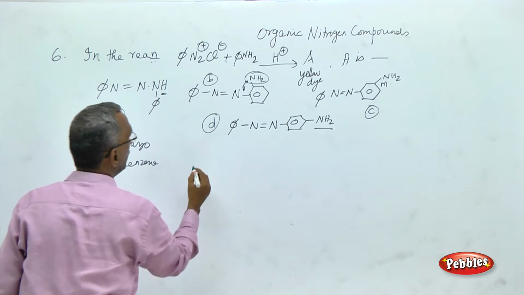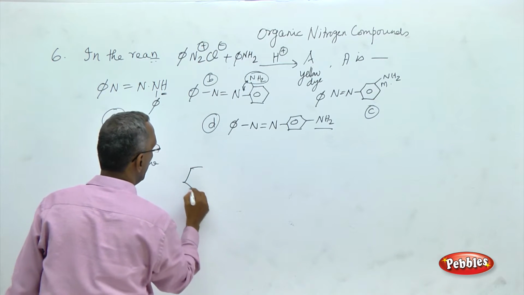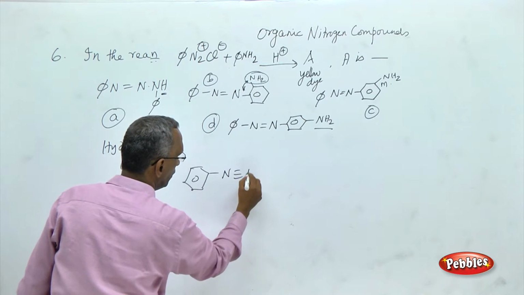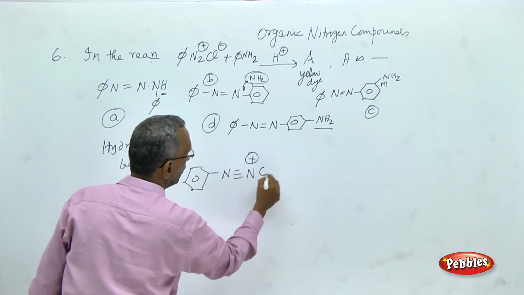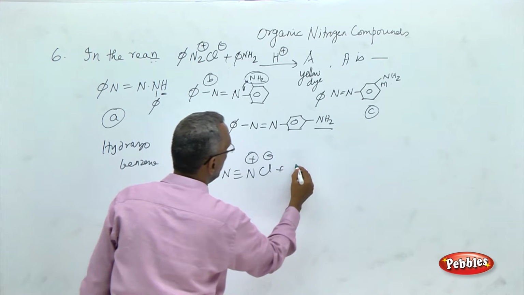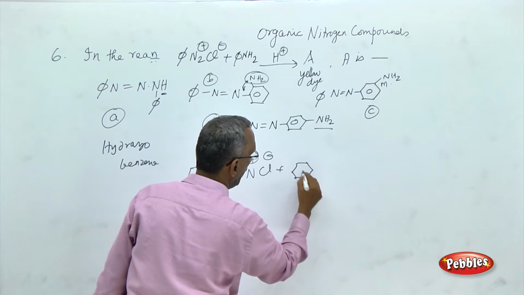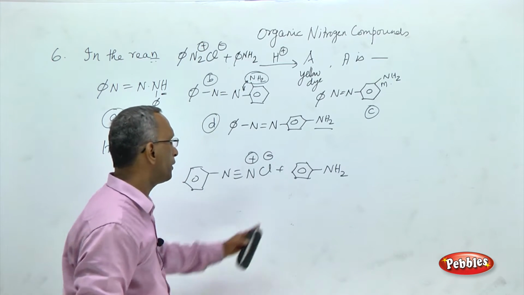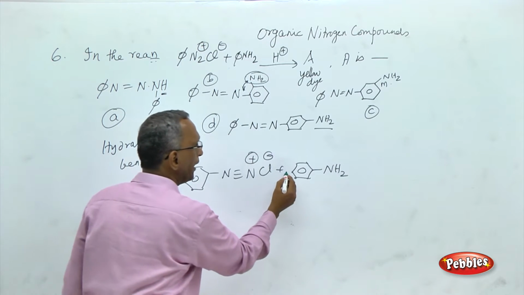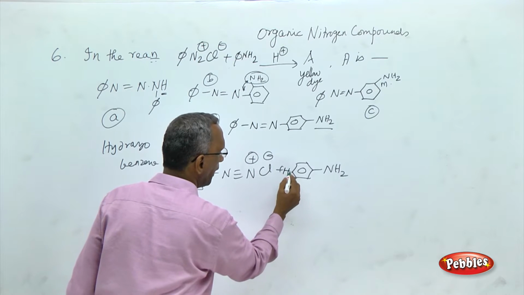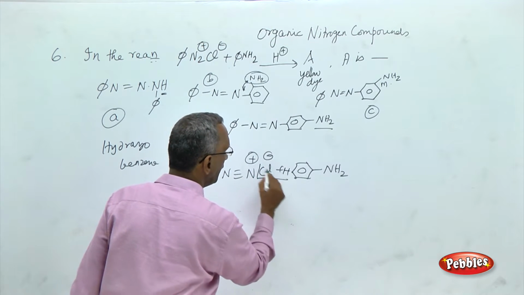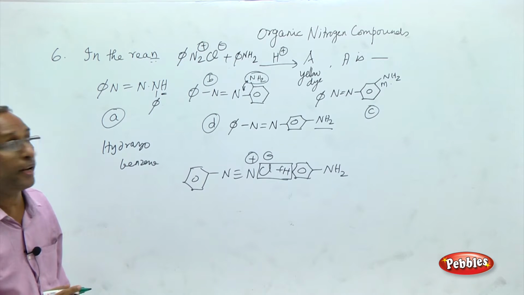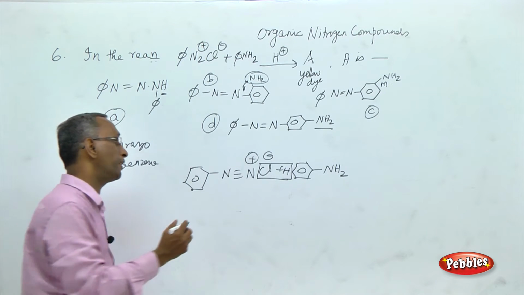Even if you write the reaction as such, C6H5N2Cl plus C6H5NH2. In this coupling reaction, only in the coupling reaction, the benzene hydrogen is removed, not the amino hydrogen. The benzene hydrogen is removed as HCl.